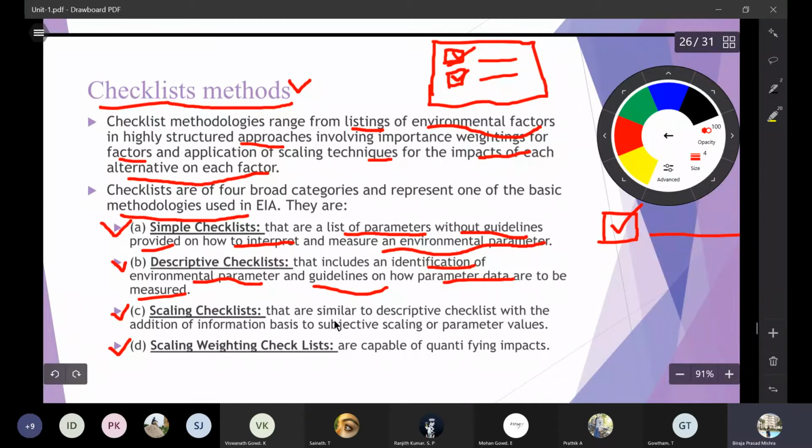Okay, so these are similar to descriptive checklist with additional information basis to subjective scaling or parameter values. So here the numbers will be there. Okay, so here only the simple checklist, we have the broader area, followed by descriptive checklist.